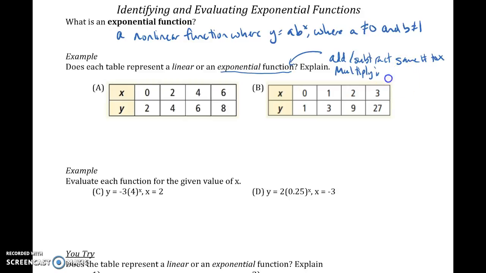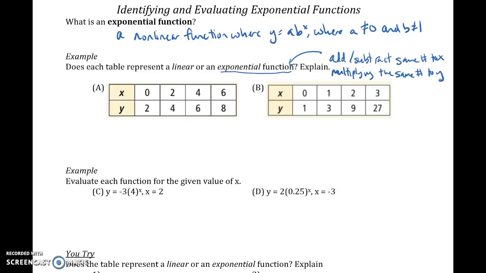So you see, this is a big difference. For linear, we were adding and subtracting for both x and y. For exponential, we're adding just to the x, and then we should be multiplying the same number to y. Okay, so let's take a look at a and b and see what's happening.